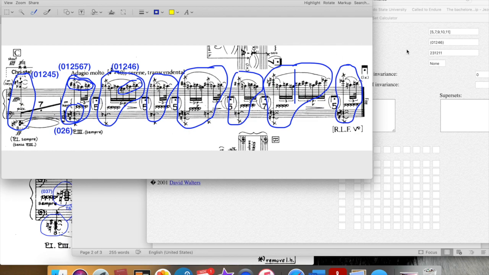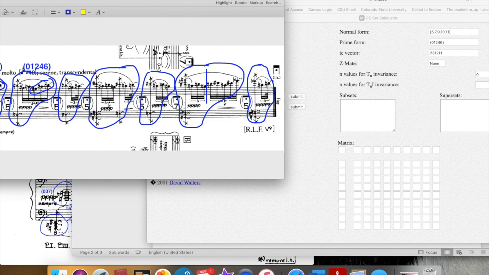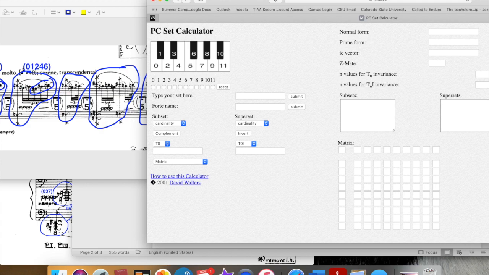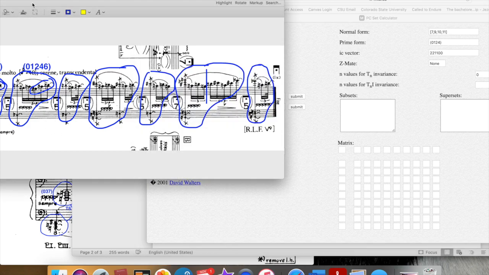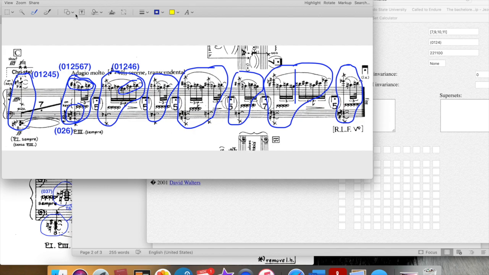Here this one will take a little less time, I think. We've got B, G, A, oh, and B flat. Don't forget the grace note. 0, 1, 2, 4. So once again, a 0, 1, 2 name. A 0, 1, 2 set class, shorter.